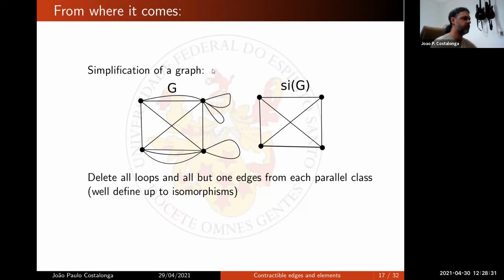It's a simple operation where you remove the loops, and in each class of parallel edges, you delete all of them except for one. And this is well defined up to isomorphism. We denote by SIG the simplification of a graph. There is this property that if you make a simplification, a contraction, and a simplification, you end up with the same thing.